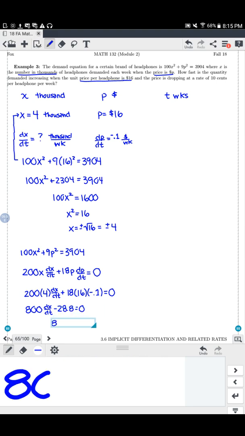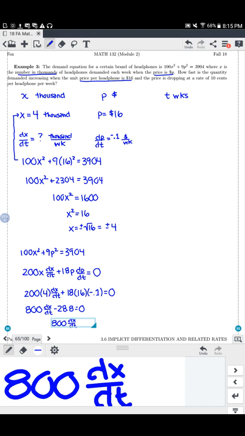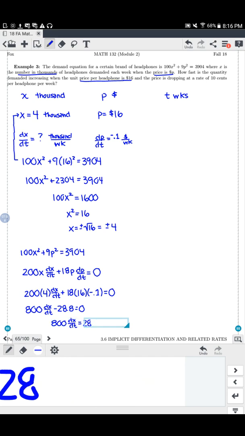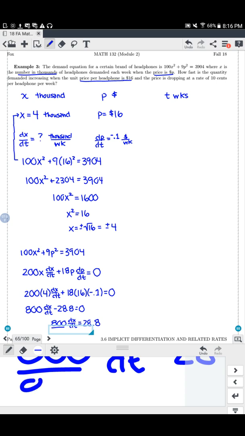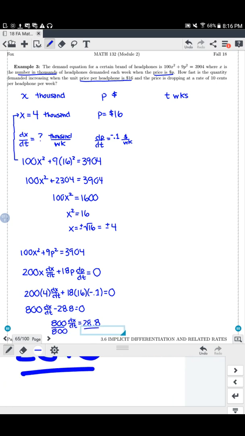So I'm going to add 28.8 to each side. So I have 800 dx dt equals 28.8. And now I get to divide both sides by 800 to get my final answer. I want to keep in mind the units on my answer are thousands of headphones per week.